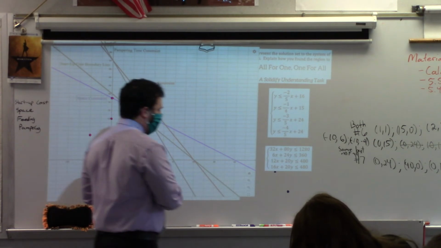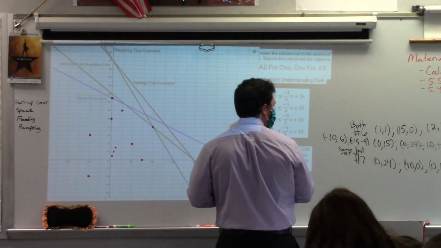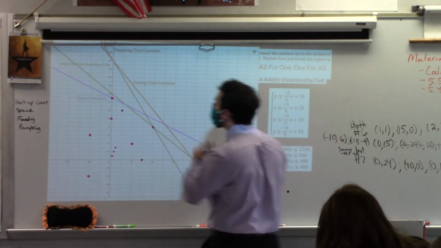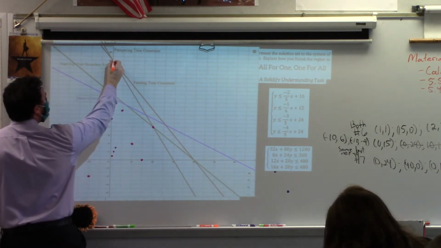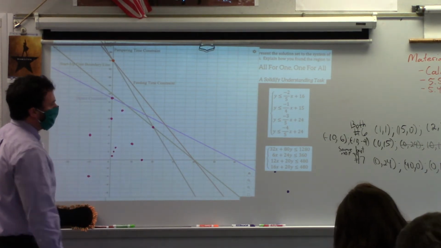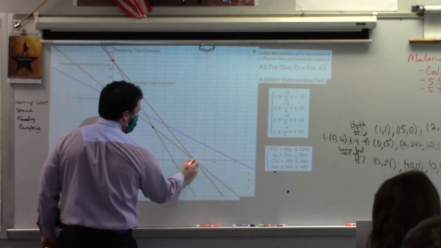Do not do the other points I'm about to do, but I'm going to do these on my own. So make sure you have each of those pink points, each of the points that works for both, or all 4 of them.